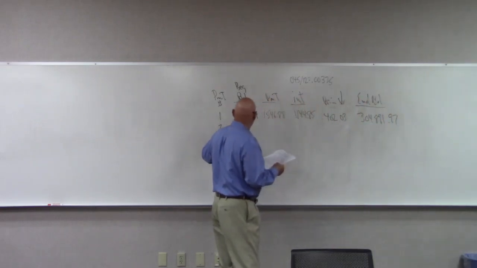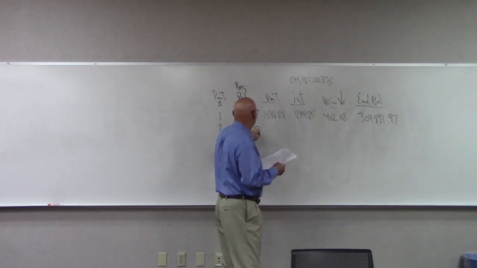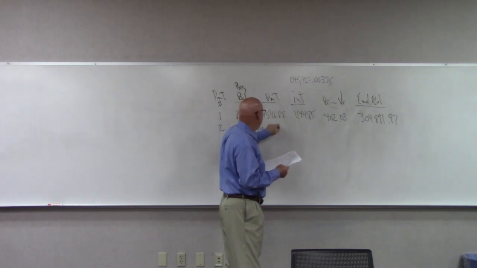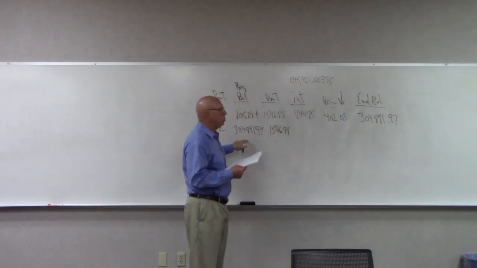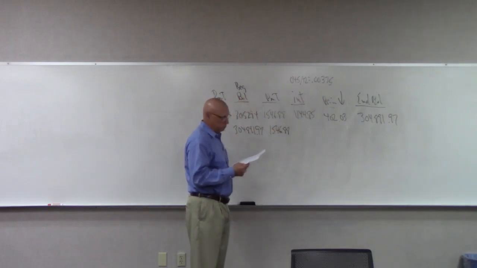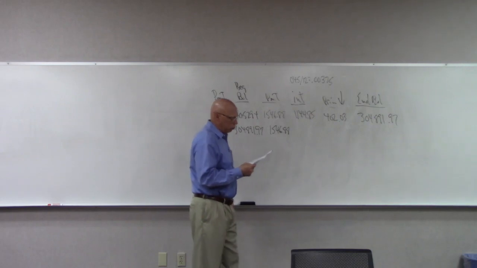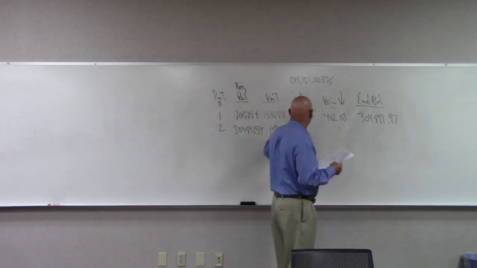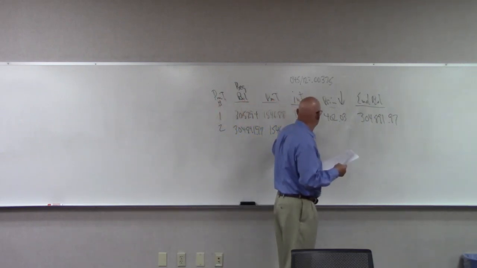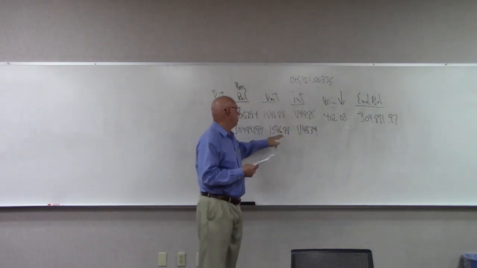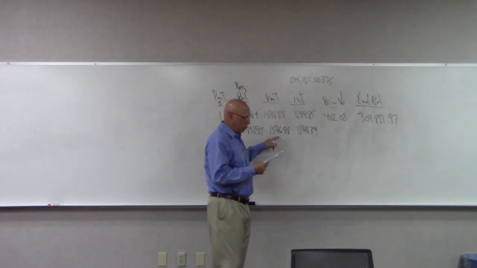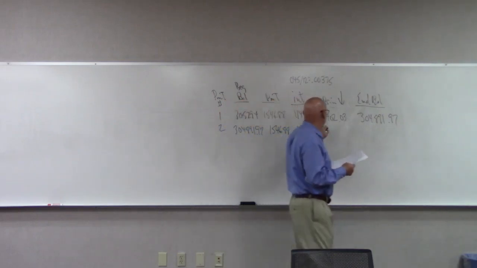So that becomes our beginning balance here, $304,891.97. And our payment stays the same, $1546.88. And then we multiply the interest rate times the loan balance. And we get our interest charge, $1143.34. Then we subtract the $1143.34 from the payment, and we get $403.54.